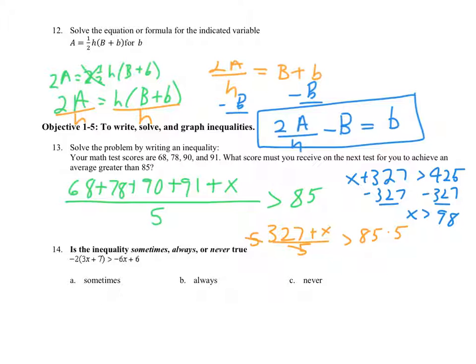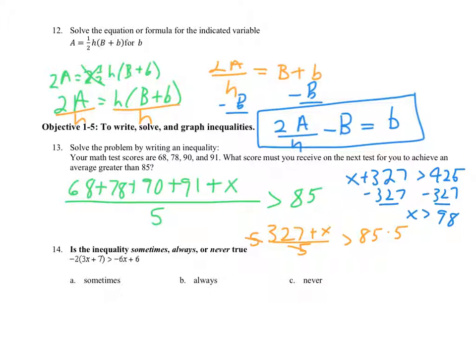And so, again, to answer the question, what score must you receive on the next test to achieve an average greater than 85? You need at least a 99. Again, the score has to be greater than 98. I don't know if we're going to do half points, so maybe at least a 99.